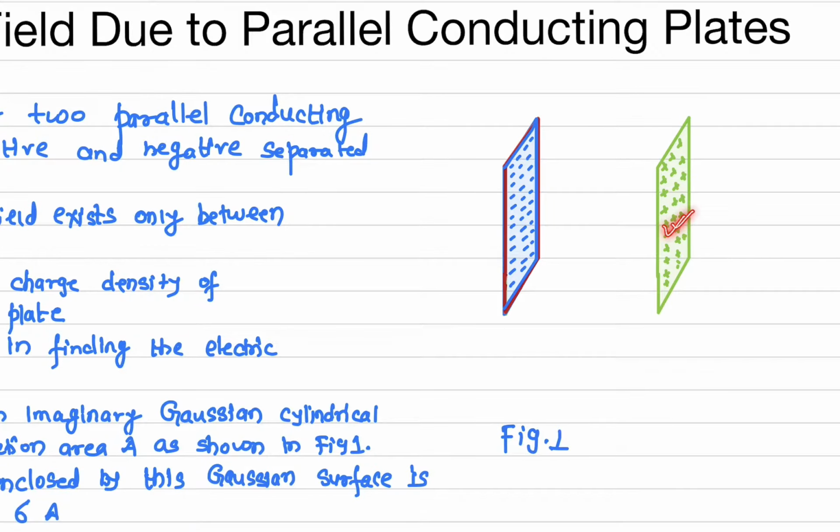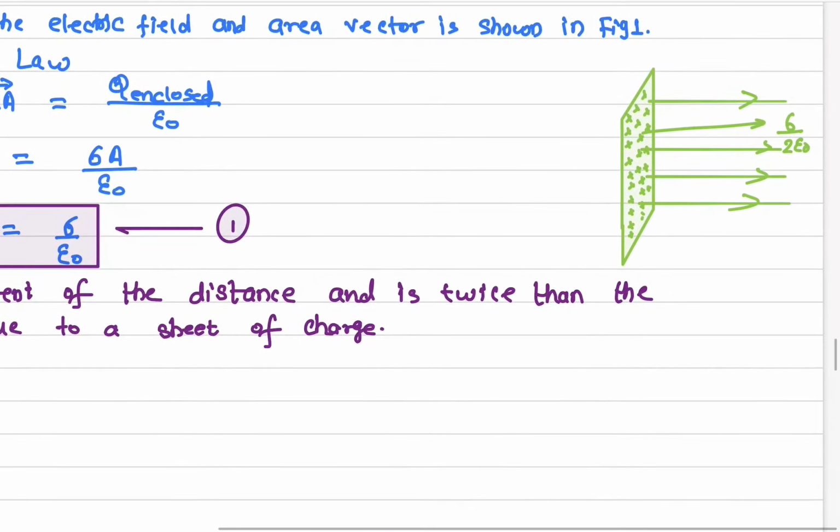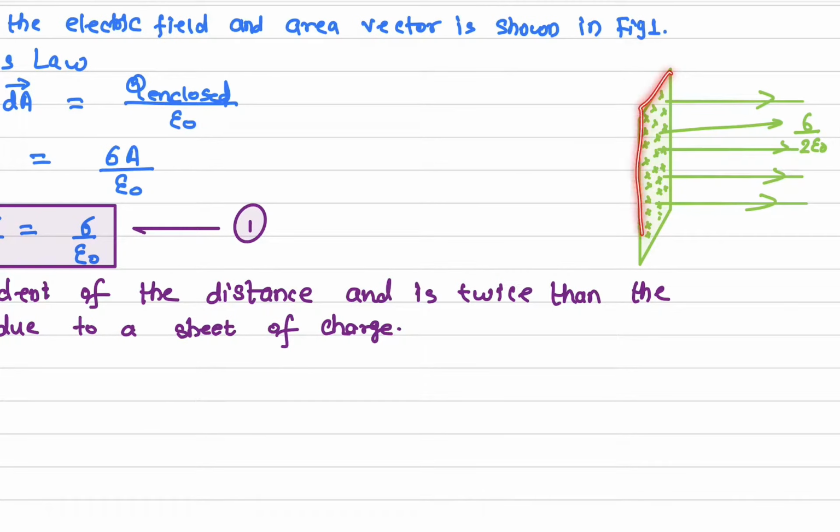And in the last video, I already talked about what is the electric field due to one charged plate. If you have only one infinitely long charged plate, then this is the electric field value due to one charged plate.